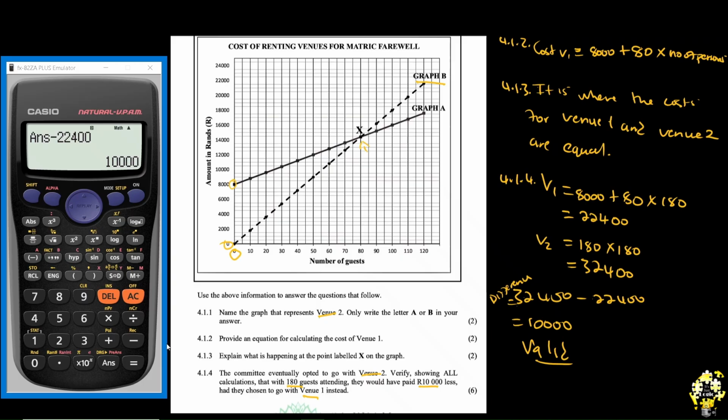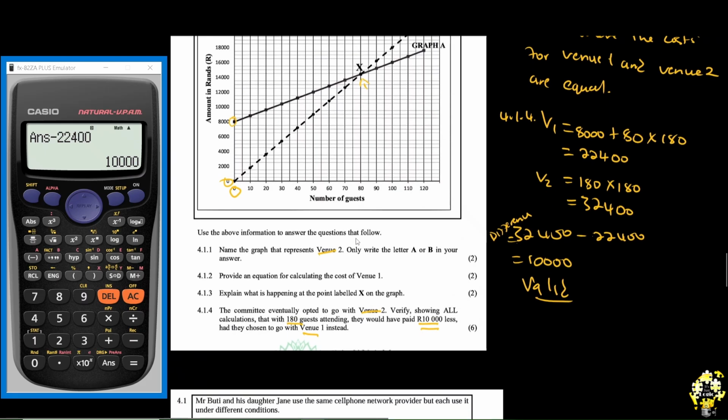Yes, indeed. Having gone to venue 2, they are paying 10,000 more. Had they gone to venue 1, they would have paid 10,000 less. My apologies. I can now tell that I have read the statement incorrectly, but I have done the calculations very much correctly. So my apologies on that one.